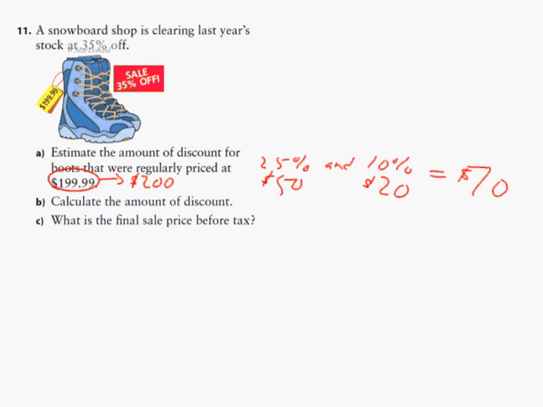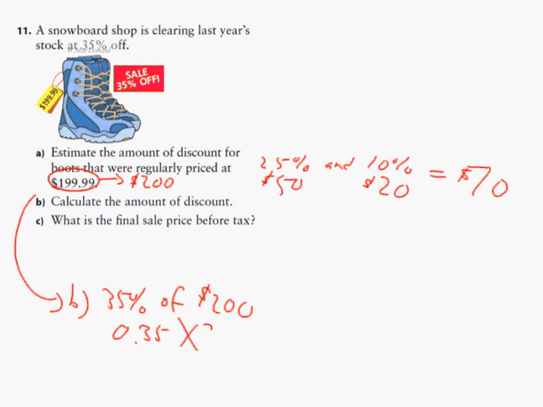So my estimation is $70, but the calculation is a little bit different. So I'm going to use a calculator for this. 35% of $200 would be 35 hundredths times, sorry, not 200, my fault, 199.99.